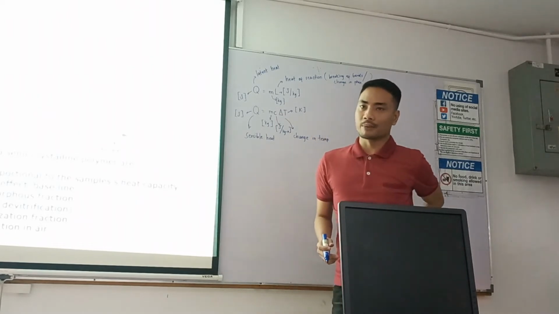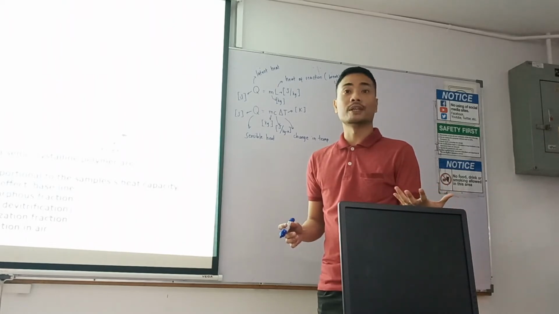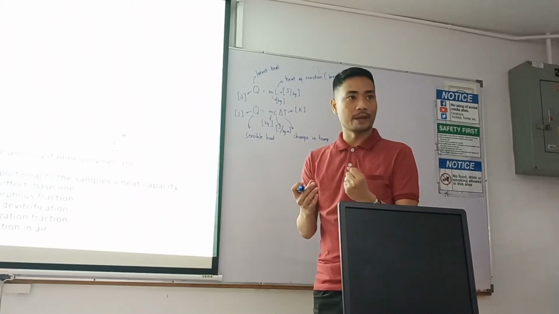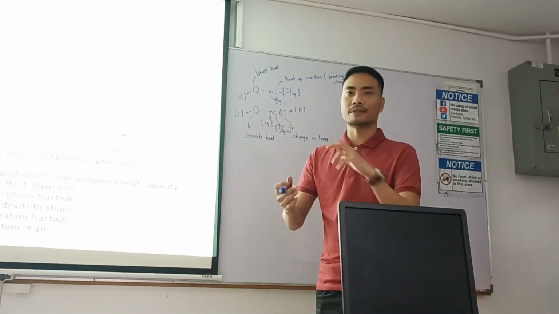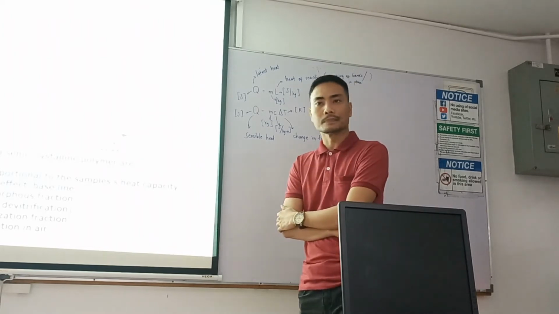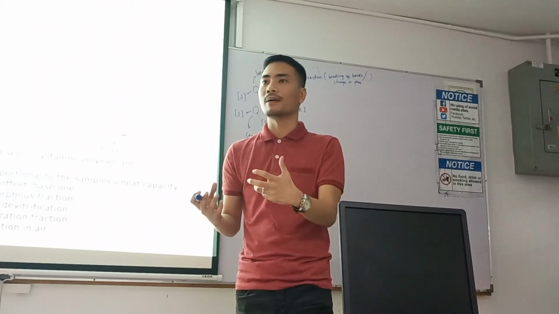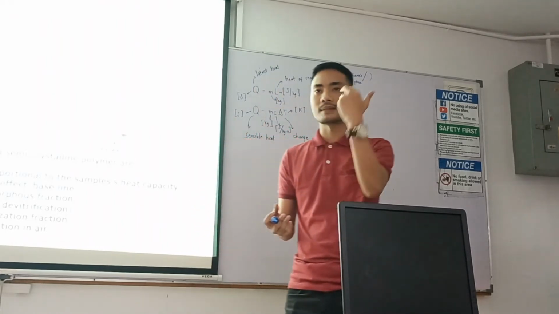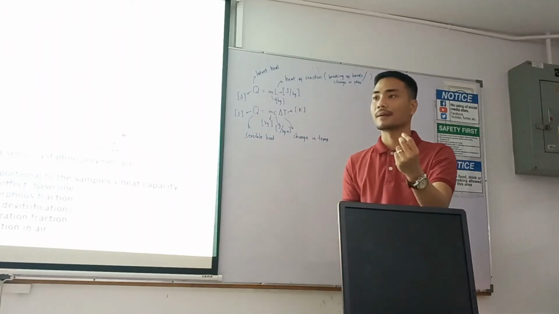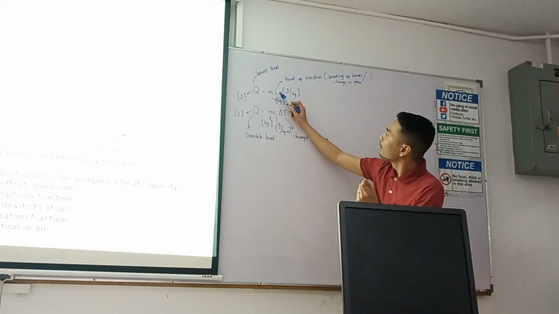The resistance of a material or substance to what? A change in temperature. Pag mas mabilis magbago ang temperature niya, ang ibig sabihin nun, mababa or mataas ang specific heat capacity? Mababa, okay?